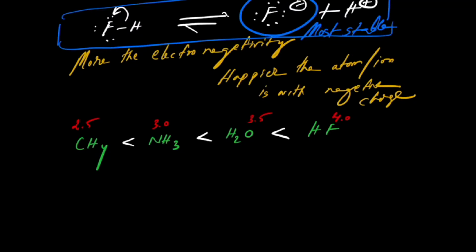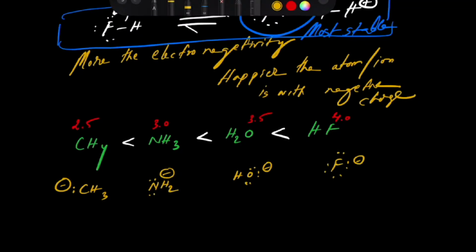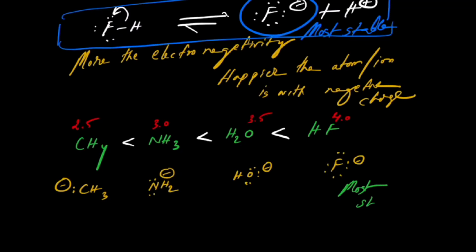Okay, and one more thing. What was the conjugate base here? It was CH3 minus. Here it was amide, NH2 minus with 2 lone pairs, and here it was hydroxide with 3 lone pairs, and here it was fluoride with 4 lone pairs. Now, which is the most stable here? This is the most stable. This is the least stable.